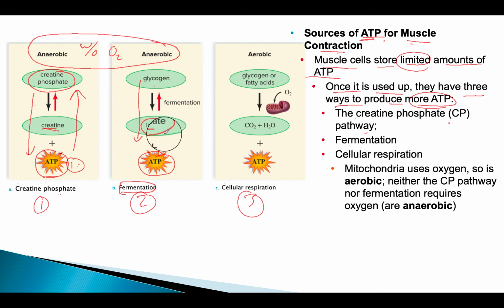This lactate can accumulate in the muscle, and that creates the pain that we feel in our muscles when we're working out. So that's your glycogen, broken down into lactate, forming ATP.